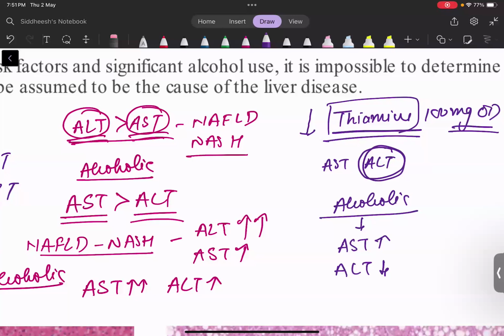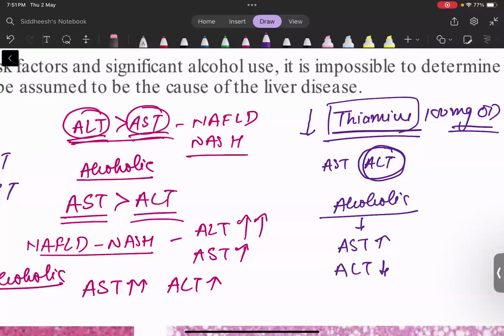Any doubts? Simple thing, right? Among non-alcoholic injury patients, we had a high amount of ALT compared to AST. Among alcoholic injury, we get the complete inverse pattern: a high amount of AST compared to ALT. Why?